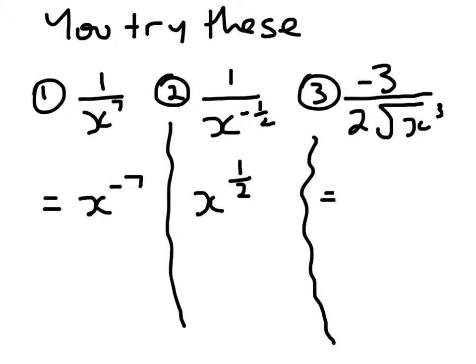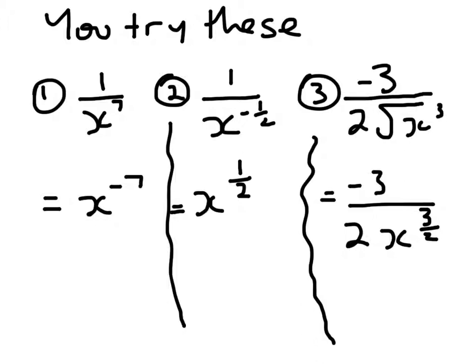We'd have to say that that is equal to negative 3 over 2. Now, be careful here, because when there's no number in front of the radical sign, we assume it means square root. So, that means we can write it as x to the power of 3 over 2.